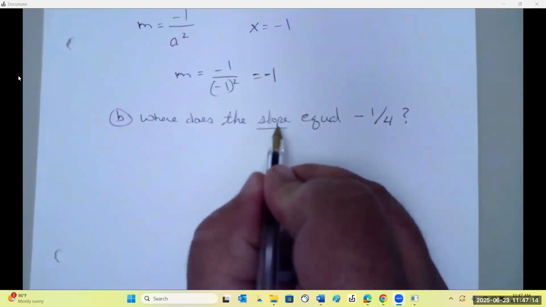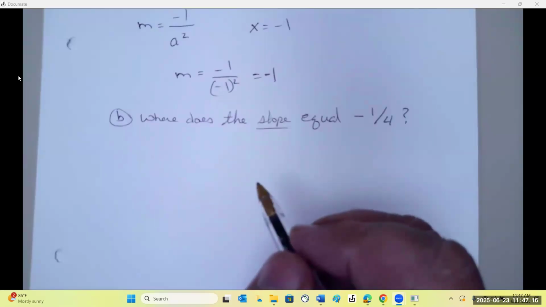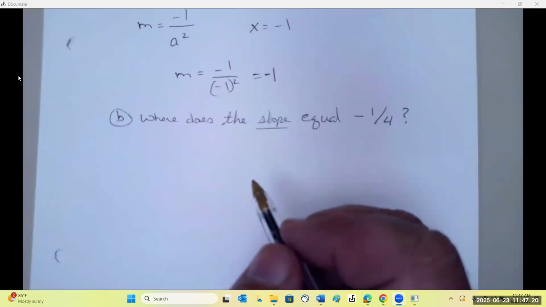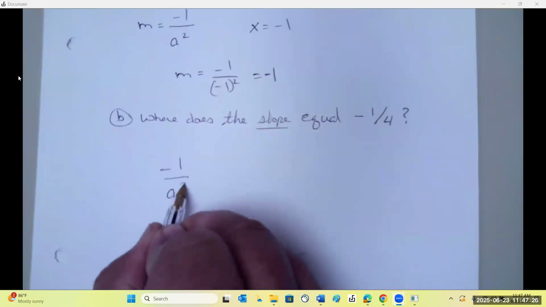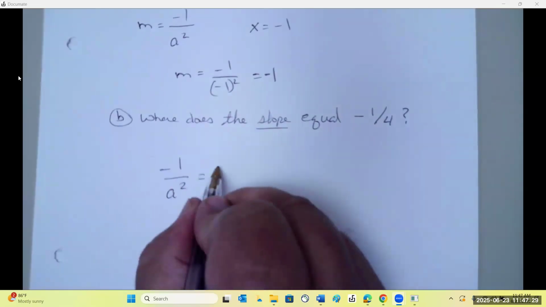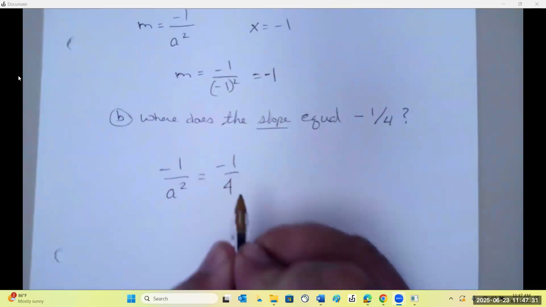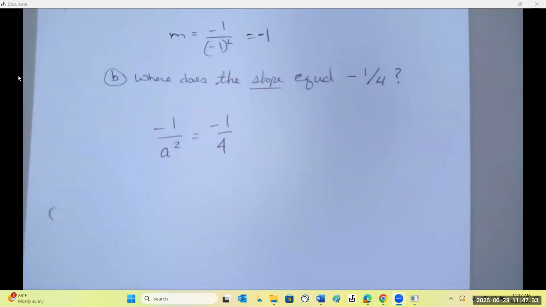So what's the slope? So the slope is equal to -1/4. So what are we solving for?